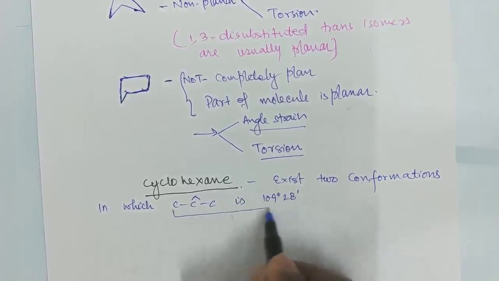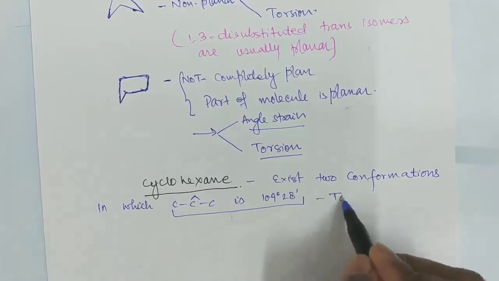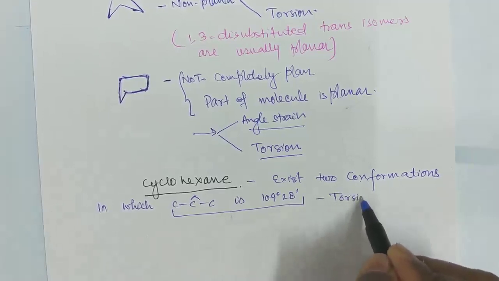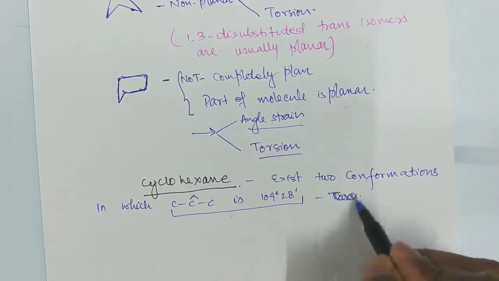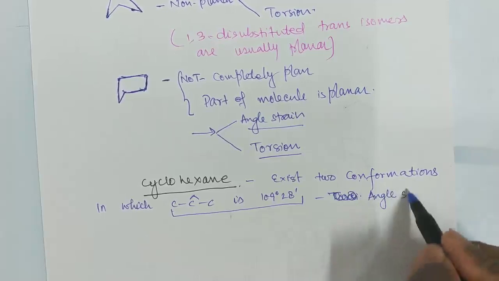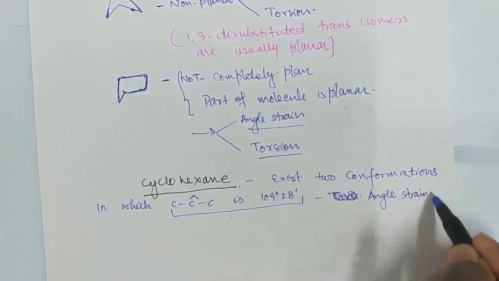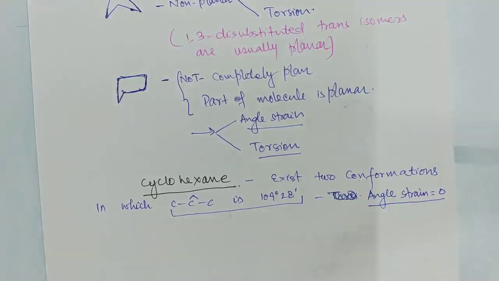What does it mean? It means the angle strain is zero, right?